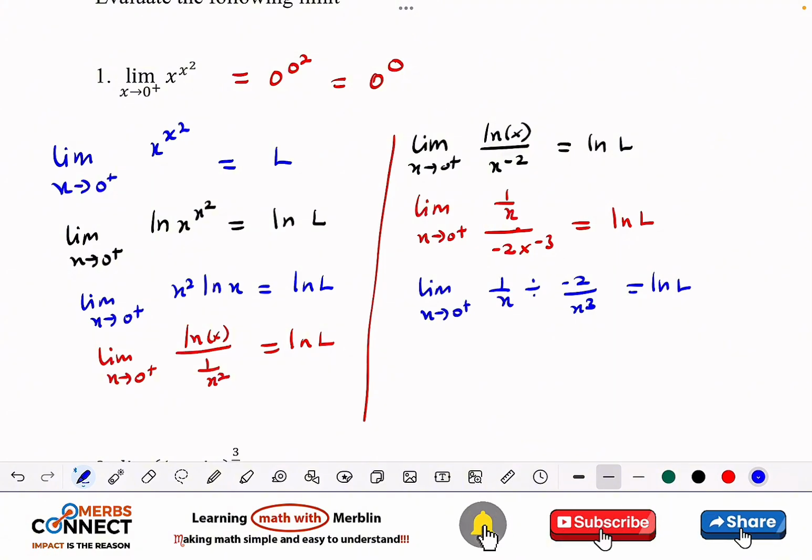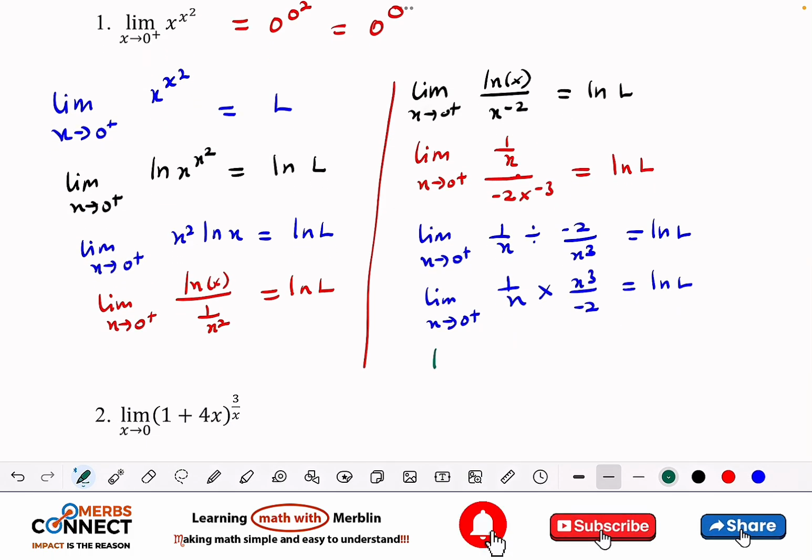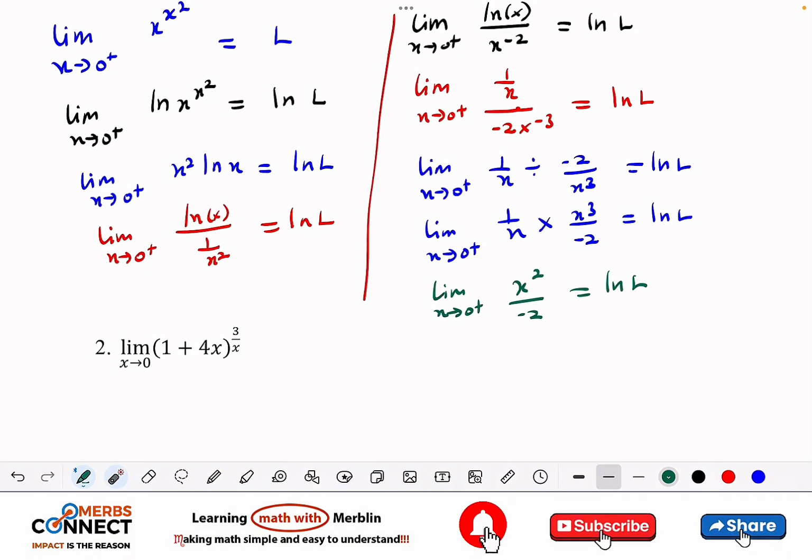That is 1 over x times x cubed divided by minus 2, which is the same as this again. One of the x will cancel, so I'm going to have the limit as x approaches 0 from the positive of x squared divided by minus 2 equals the natural log of L. And now we can plug in 0 and see what happens.